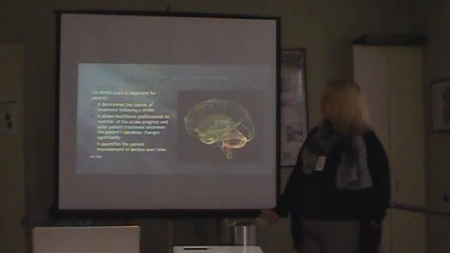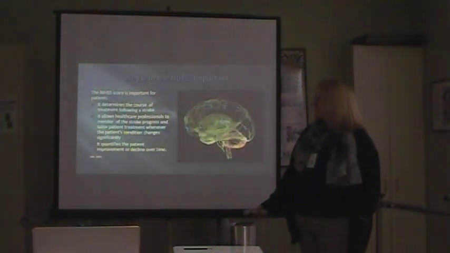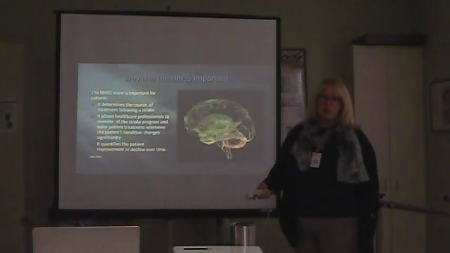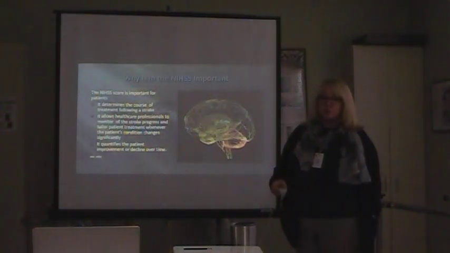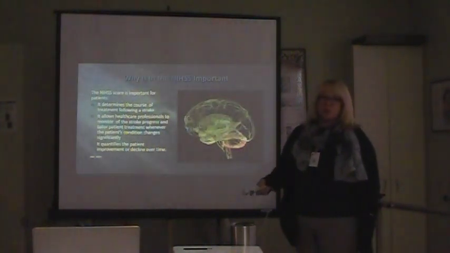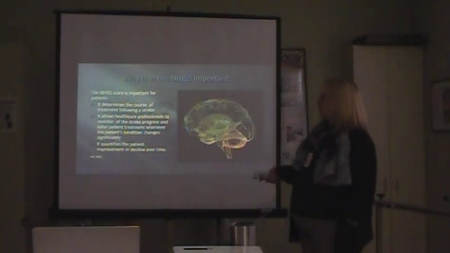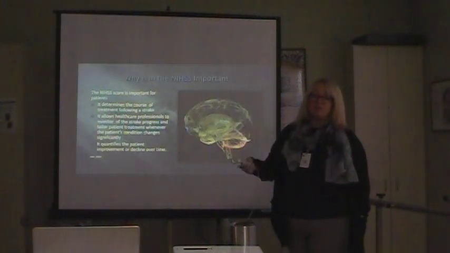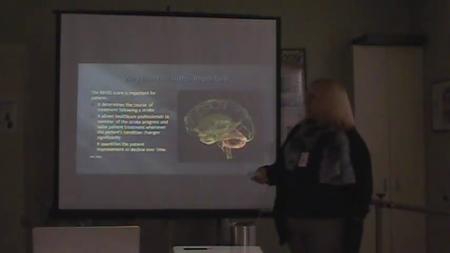So the NIH score is important for many reasons. It helps us determine the course of a patient's treatment when they arrive down in the emergency room. It also helps us determine whether or not they can qualify for intervention. If they don't qualify for intervention, it helps us determine how severe the stroke is.